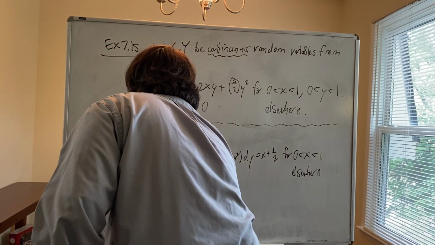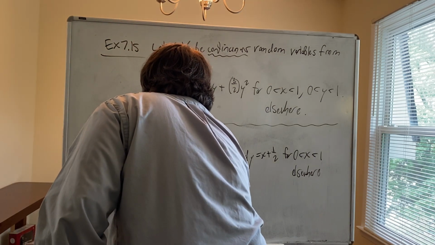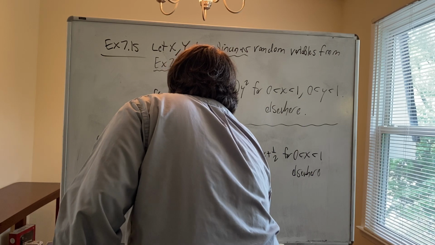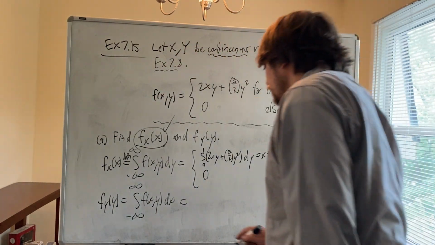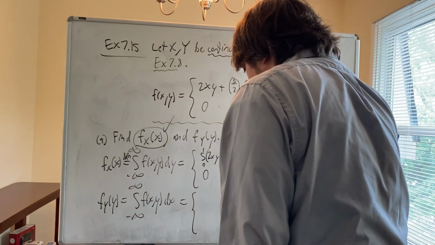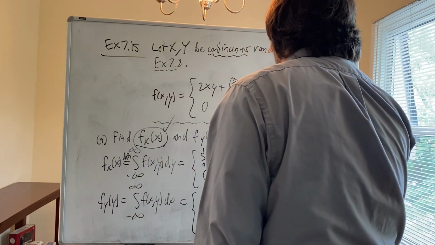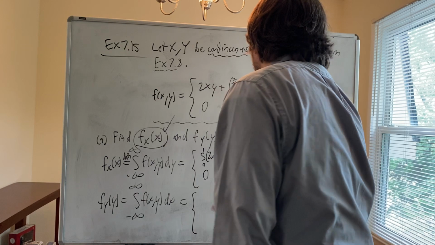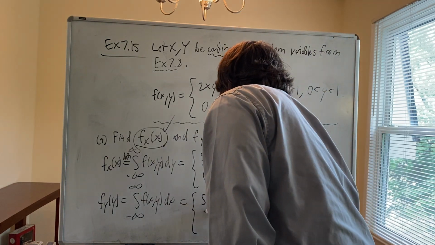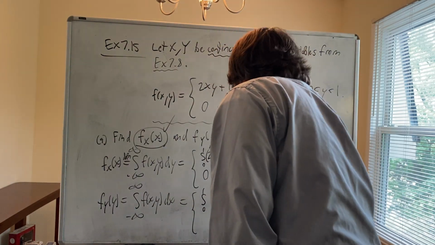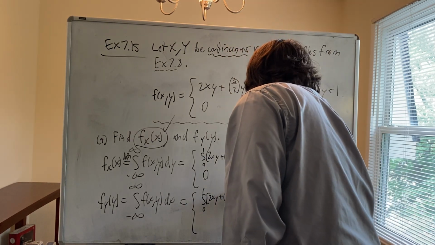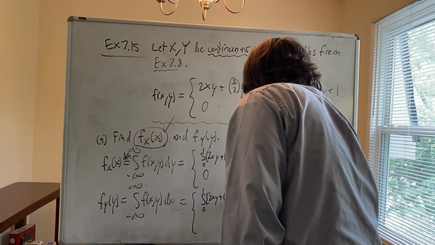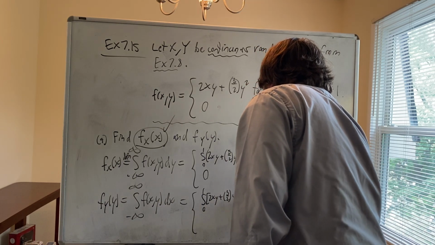That's the integral from negative infinity to infinity of f of x comma y dx. That's equal to the definite integral. So with respect to x, it's from 0 to 1 of 2xy plus 3/2 y squared dx.